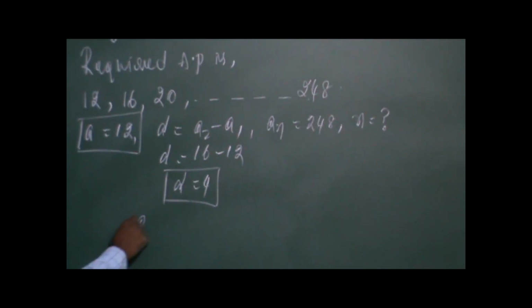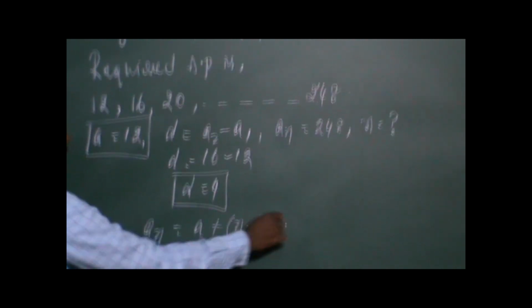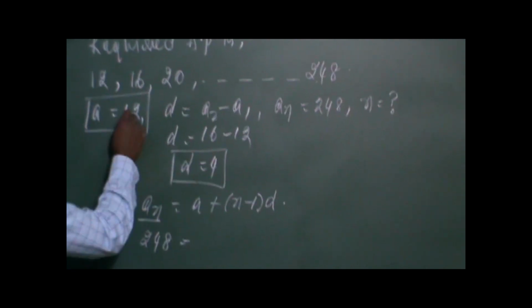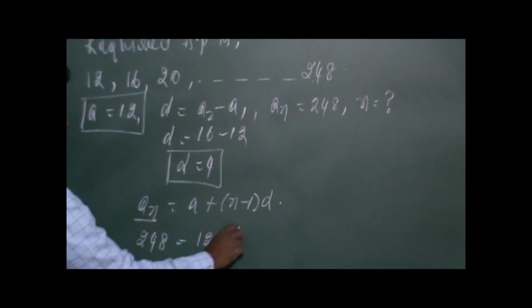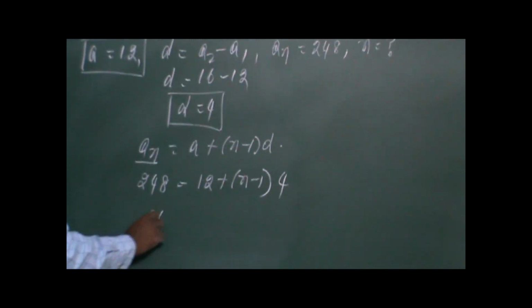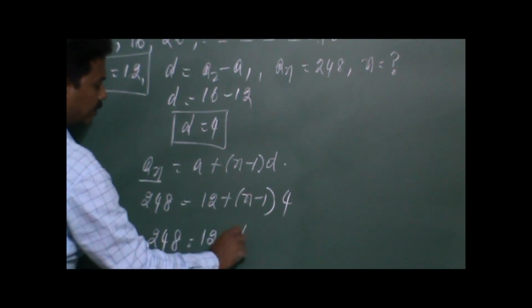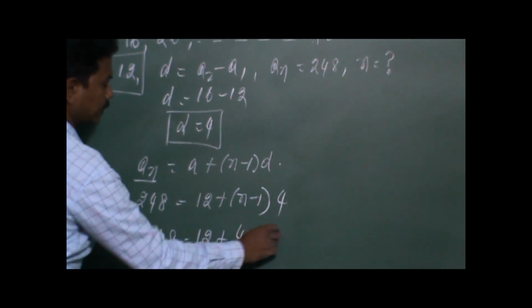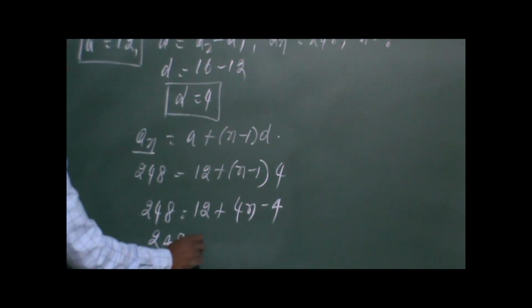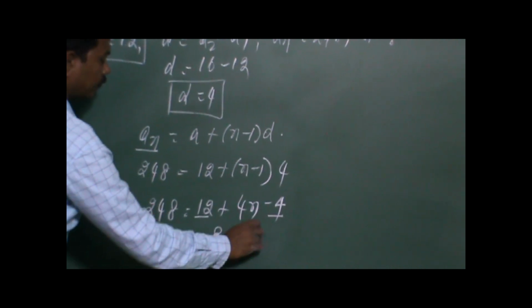So write down the formula, an is equal to a plus n minus 1 into d. So the nth term 248 is equal to a is 12 plus n minus 1 into d is 4. So 248 is equal to 12 plus 4n minus 4. So 248 is equal to 12 minus 4, which is 8, plus 4n.